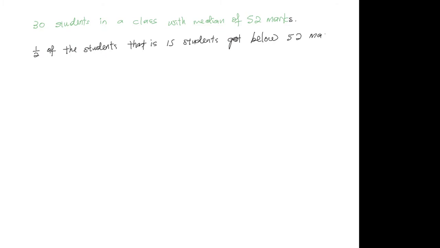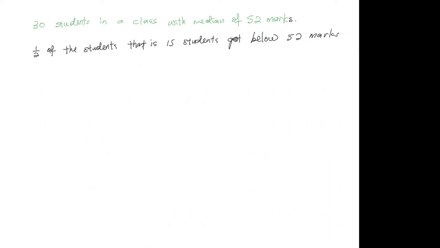But it also can be equal, right? No. Median may not. So we don't put equal. Okay. So that means another 15 students will get higher than 52. So that is how you interpret median.